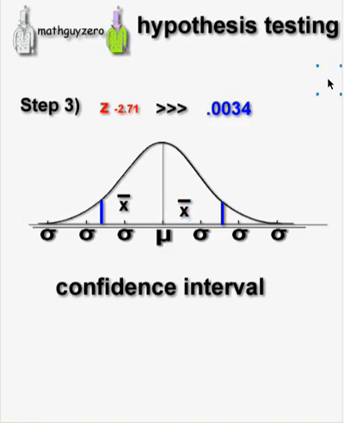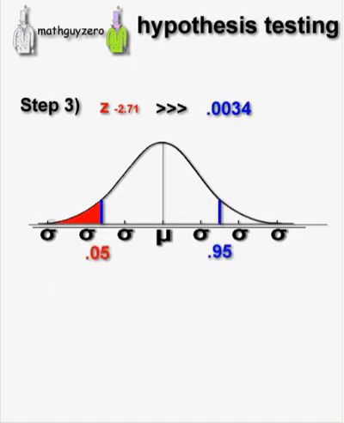Now if you look at this closely, you can already tell that the 0.0034 is not going to fall within these confidence intervals. Okay, so you have a probability value of 0.0034 that's really small, so that's basically going to come out over here somewhere. And the alpha, the cutoff level, is going to be 0.05.